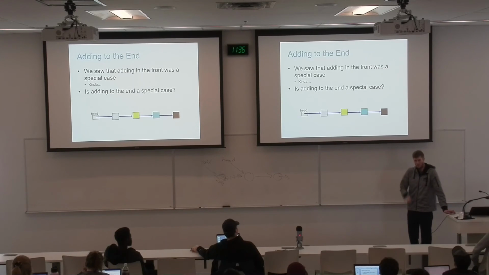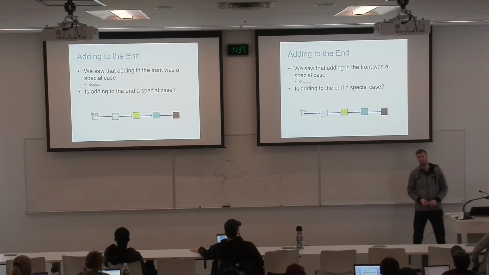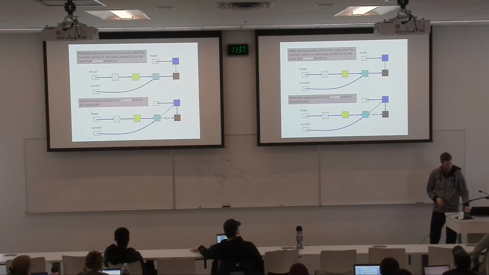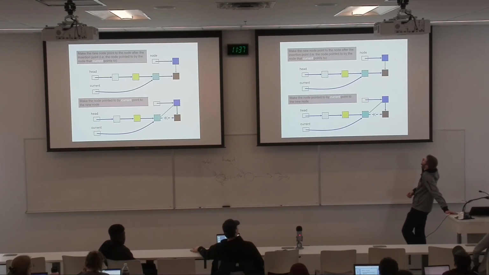So what do you end up deleting, like the node and the current's pointers? Do you end up deleting how node gets to the blue or how the current would get to the black here? So ask that again in this context. Okay, so the node is pointing to the dark blue.